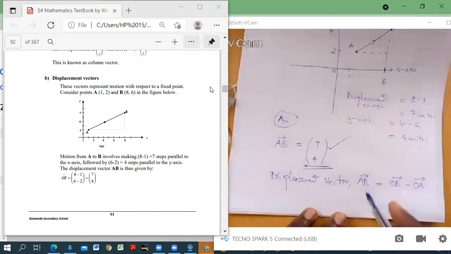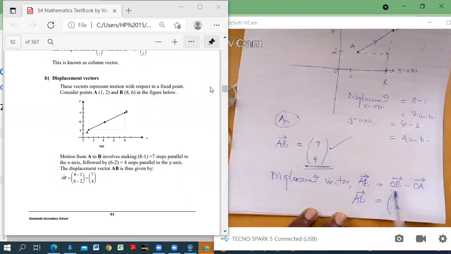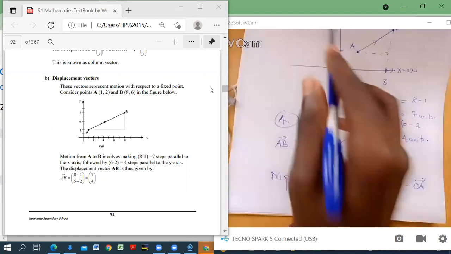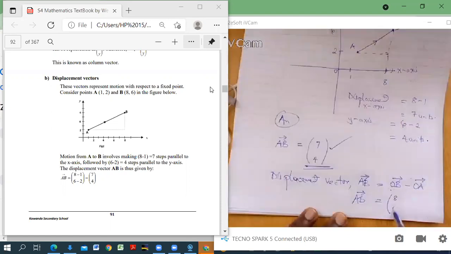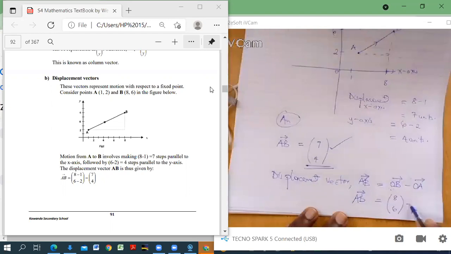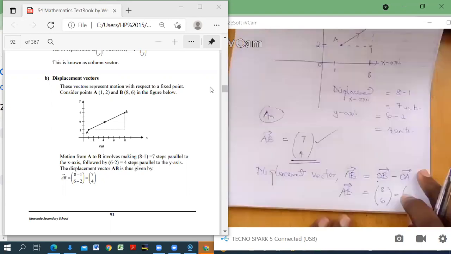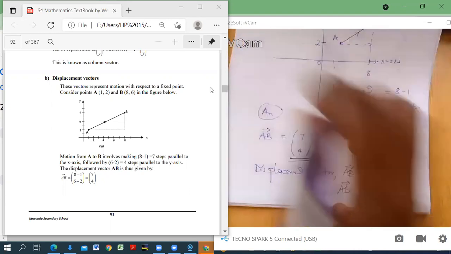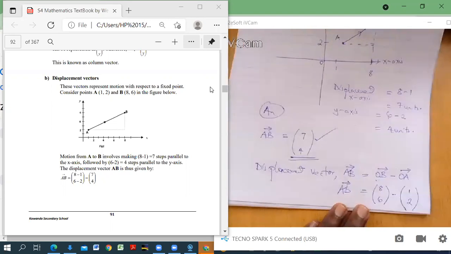So AB is equal to, what is our OB? O stands for origin, position vector. So what is OB? When we write it in column form, it becomes 8, 6, right? Minus, what is OA? 1, 2.